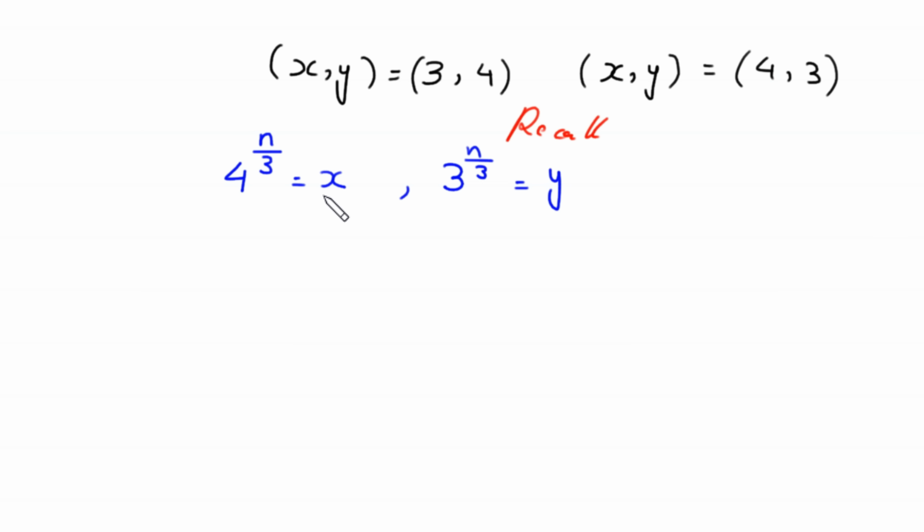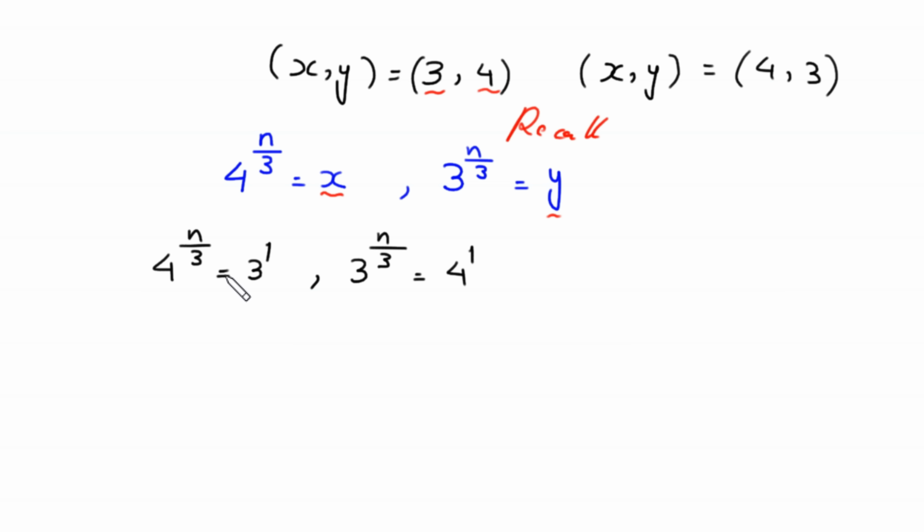So first we replace this x with this 3, and we replace this y with this 4, like this. 4 to the power n over 3 is equal to 3, and 3 to the power n over 3 is equal to 4. Now this 3 has power 1 here, and this 4 has power 1 here.